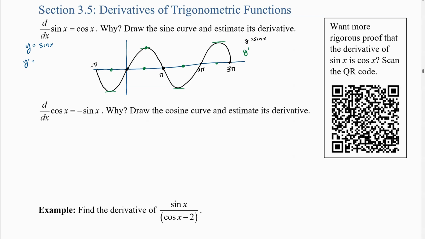Now, between these two zeros, I see that the slopes here are negative, and I think the estimate of the slope right here, that's where it's kind of steepest, that looks like it's -1. So I'm going to put a -1 there. I'm going to put that in for that curve.